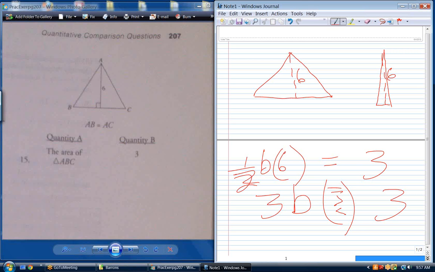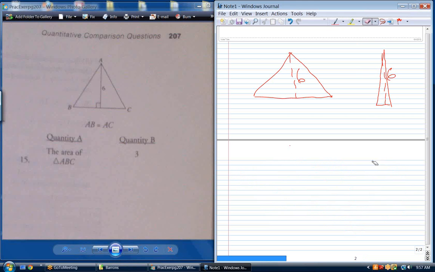In other words, drawing a picture might have actually solved it a little quicker. Instead of writing that formula, if I would have seen that I could draw it in either of these modes. This merely says that AB is equal to AC. It's isosceles. But you can draw isosceles triangles tall and skinny, or equilateral, or wide and fat.